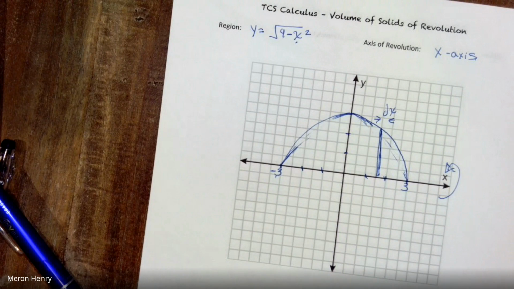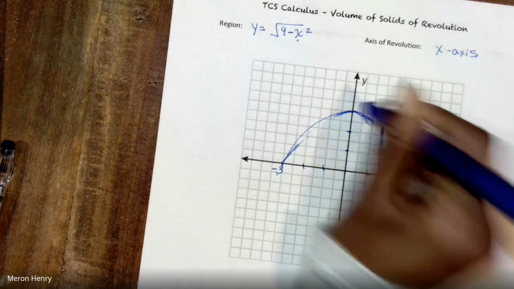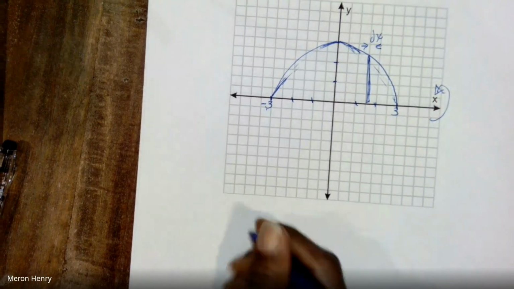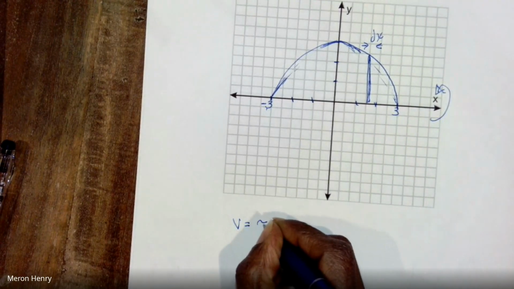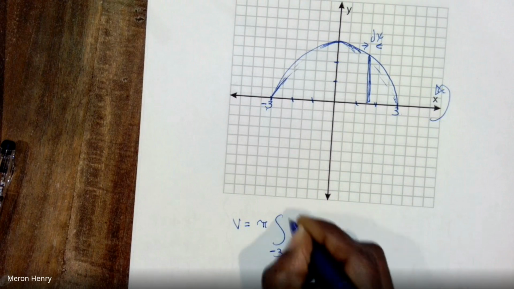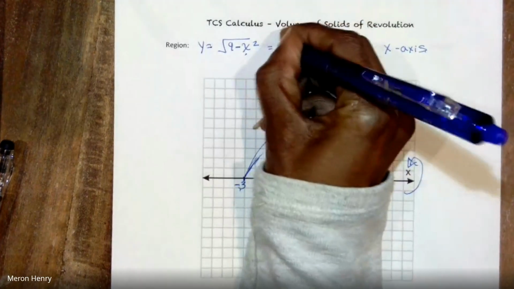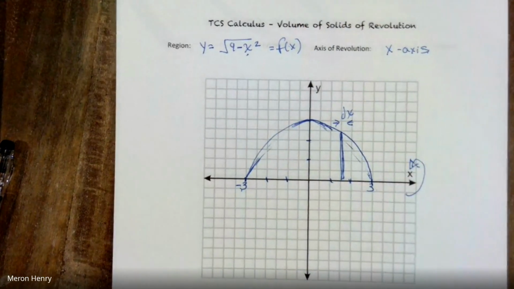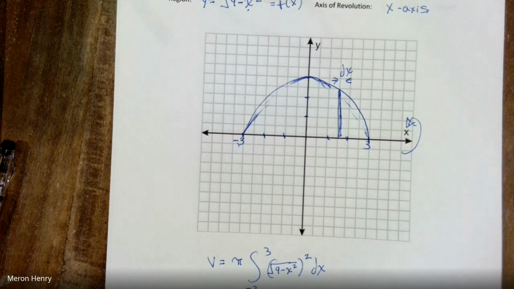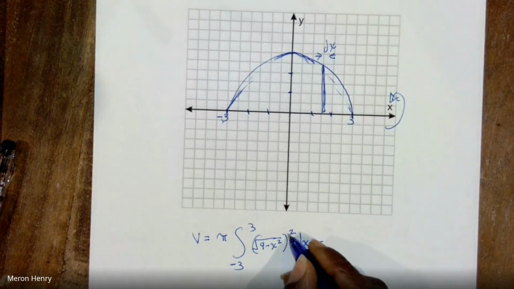We know that this is going to be a sphere, but let's see if we can solve it using what we know with calculus, okay? So using the disk method, the volume is going to be pi times the integral from -3 to 3 of the square root of 9 minus x squared, squared, dx, right? So this cancels out.